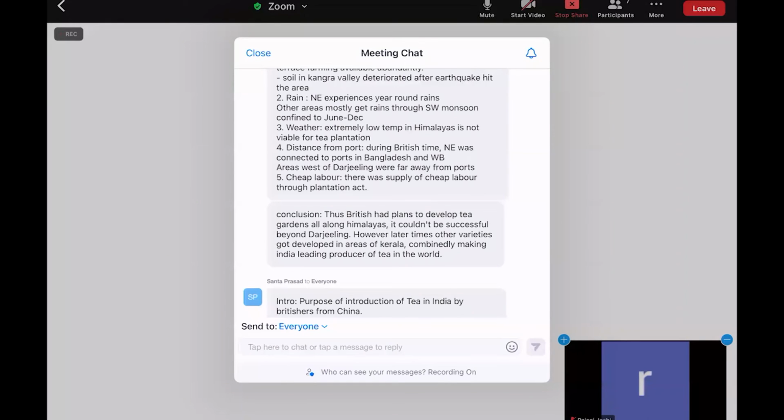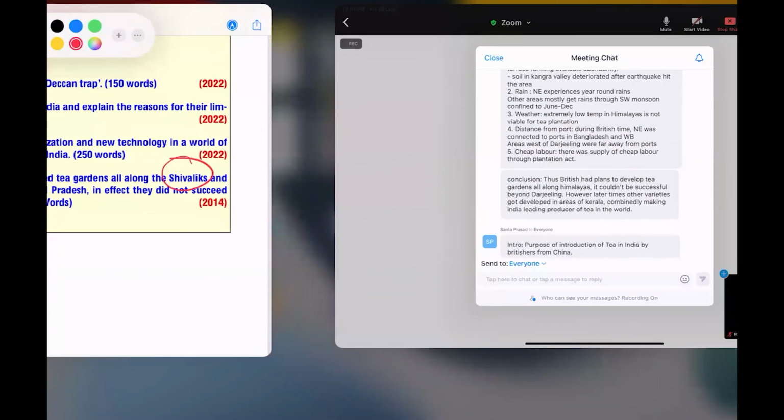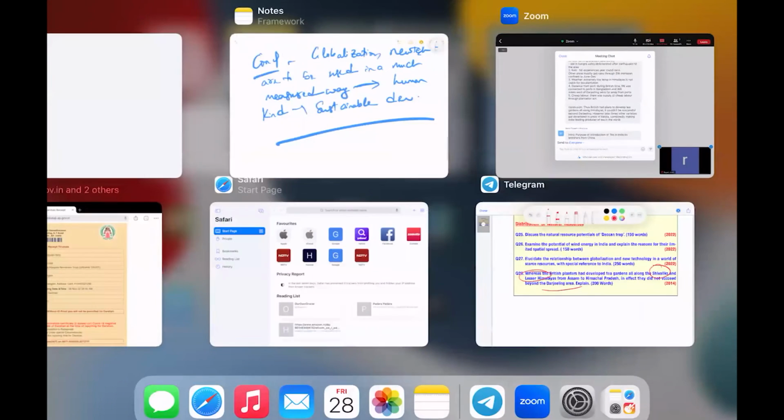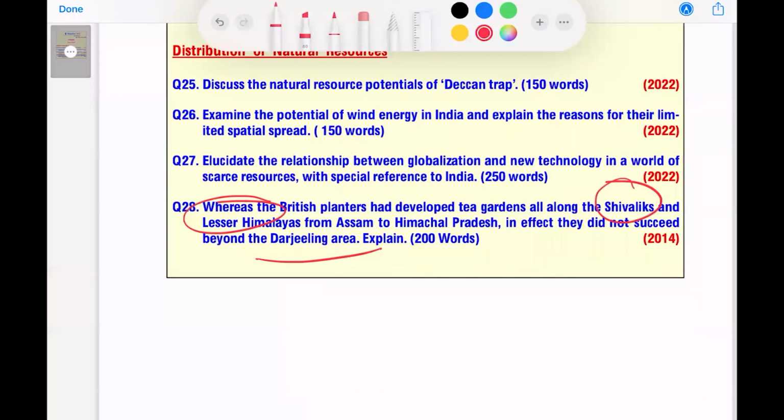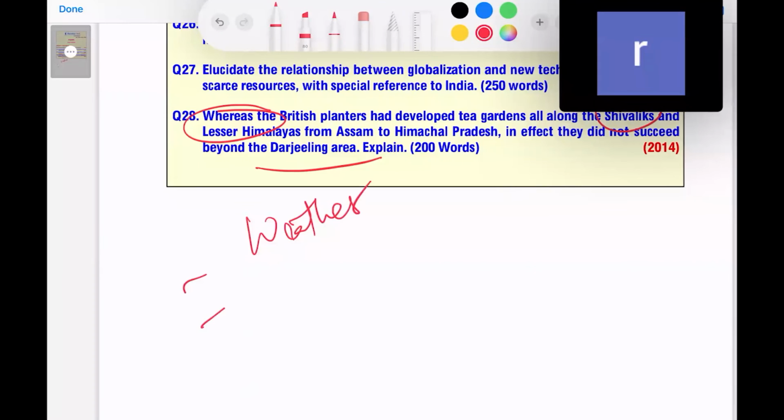So obviously, when you are producing anything, and especially something like tea, one thing is the weather conditions. So here, first thing is the weather conditions, second, the soil conditions, and then the transport issues, and then the labor issues.